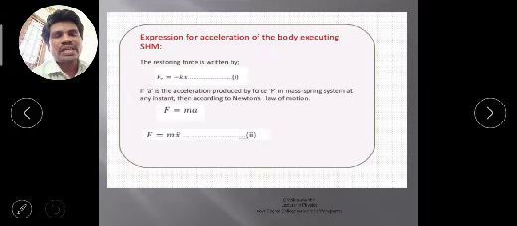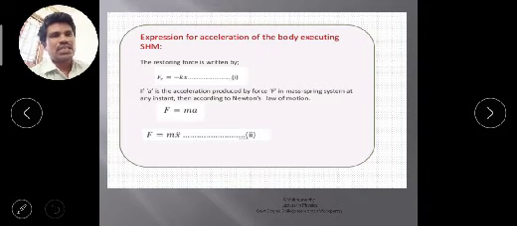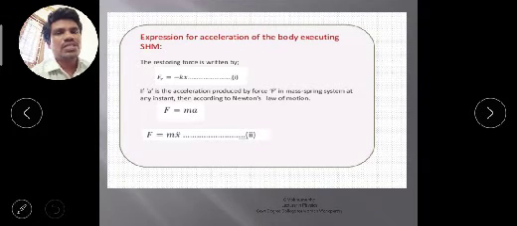The minus indicates the restoring force is always acting on the opposite side of the displacement, opposing the displacement. That's why we put a negative sign in front of k, where k is the spring constant, x is the displacement of the spring, and Fr is the restoring force.